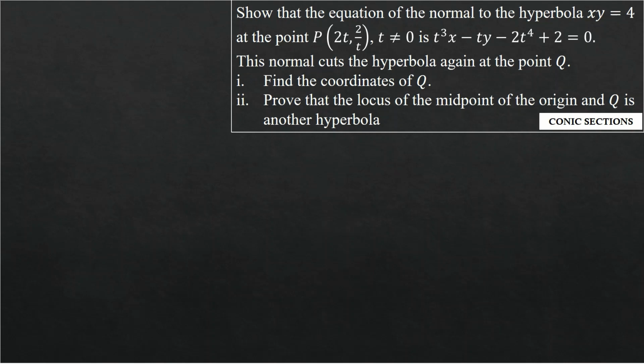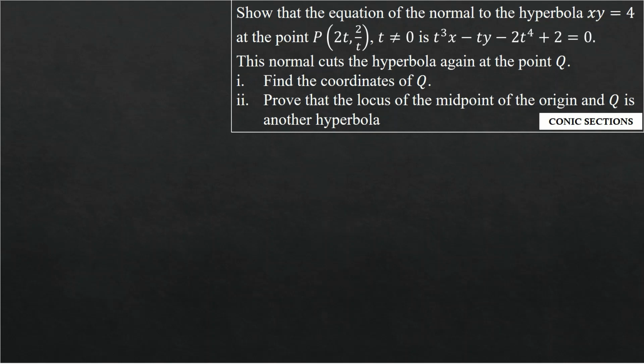So here's the question displayed to you. It has 3 parts. First, we need to show that the equation of the normal to the hyperbola xy equal to 4 at a certain point P(2t, 2/t) with t different from 0, is given by t cubed times x minus ty minus 2t to the power 4 plus 2 equal to 0. Now, the second part is divided into 2 parts.